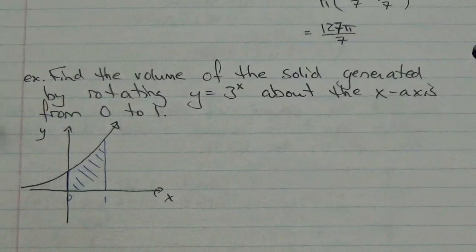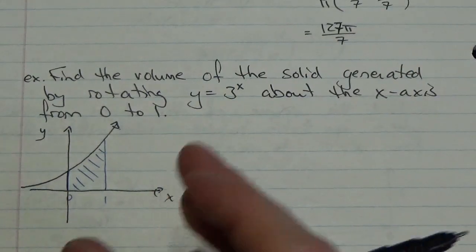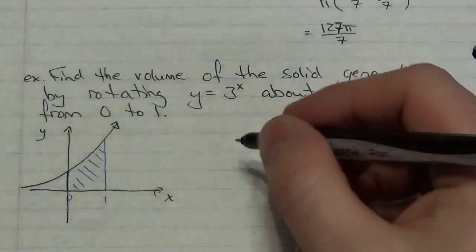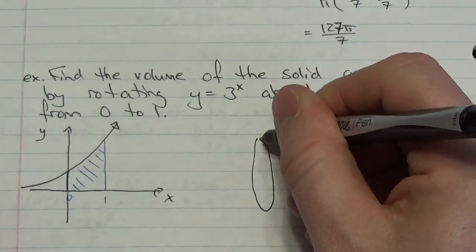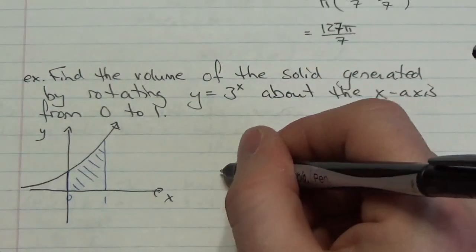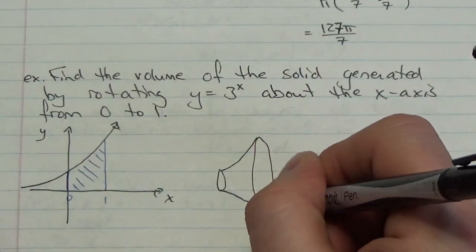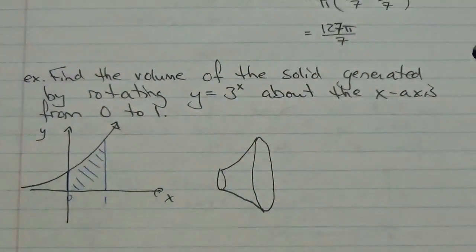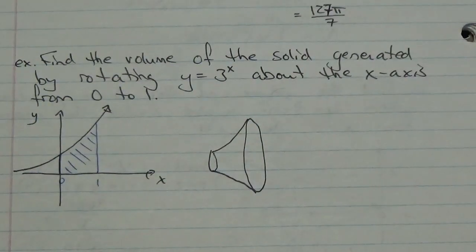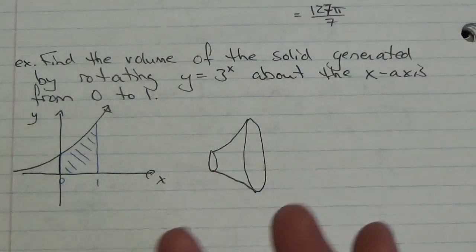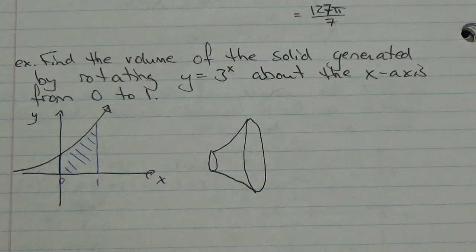Now, truth be told, this is actually going to look very similar to the shape that we just came up with. It's going to be this circular bit, and it's going to come down, and again another little circular bit like that. So it's going to look the same here. The difference being that this is an exponential function, and so what the volume looks like at the end here is going to be a little different.